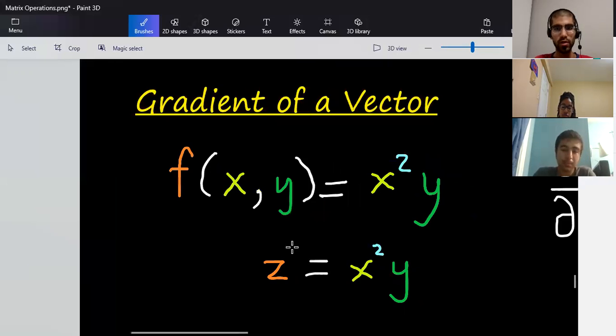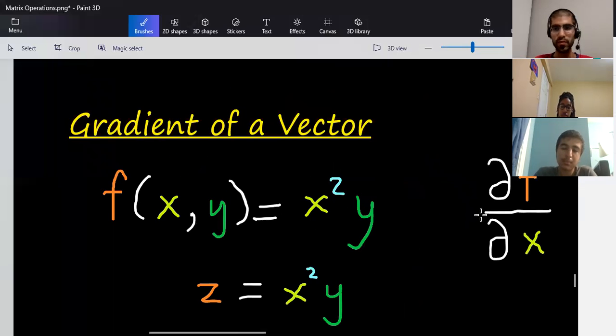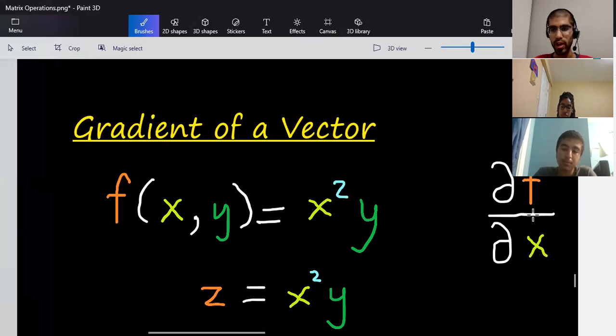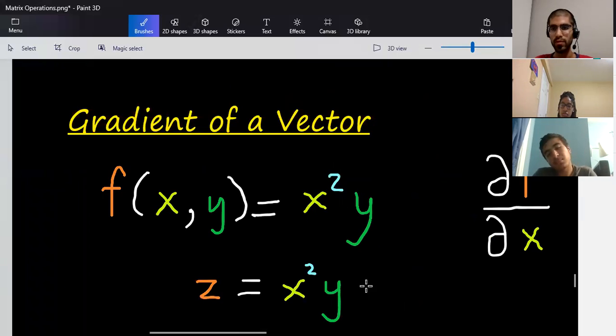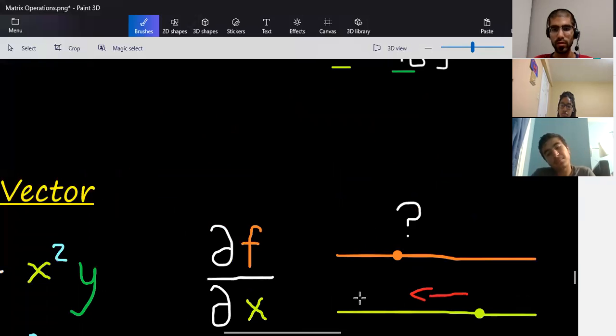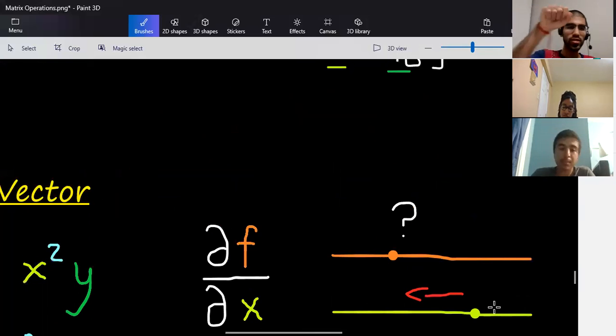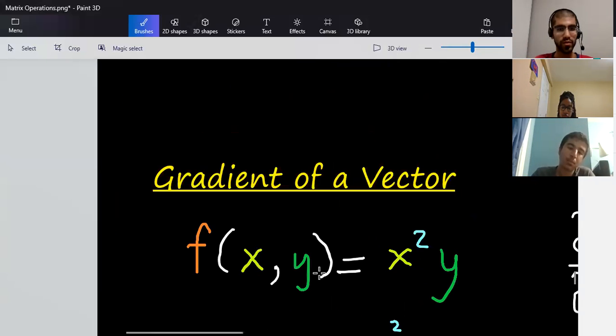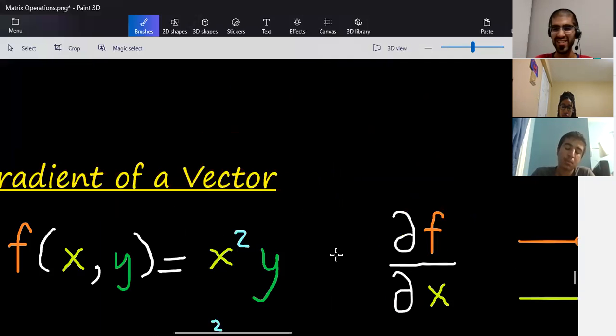If we take what we call the partial derivative, which is represented by partial f by partial x, what that means is: if we move the x variable just a tiny change, what happens to the output? What happens to f of x and y?